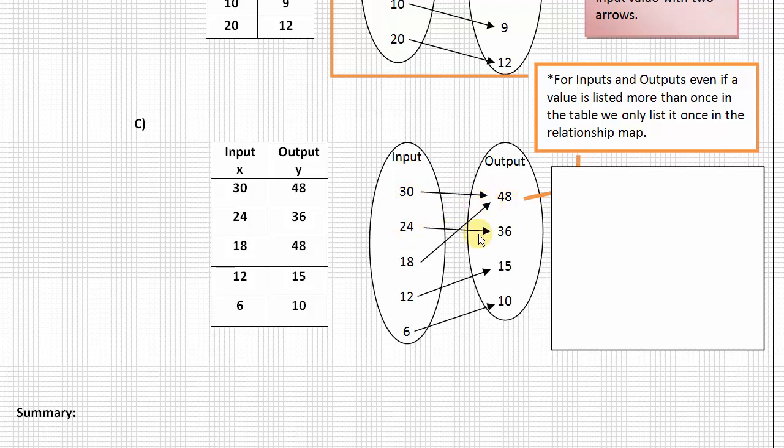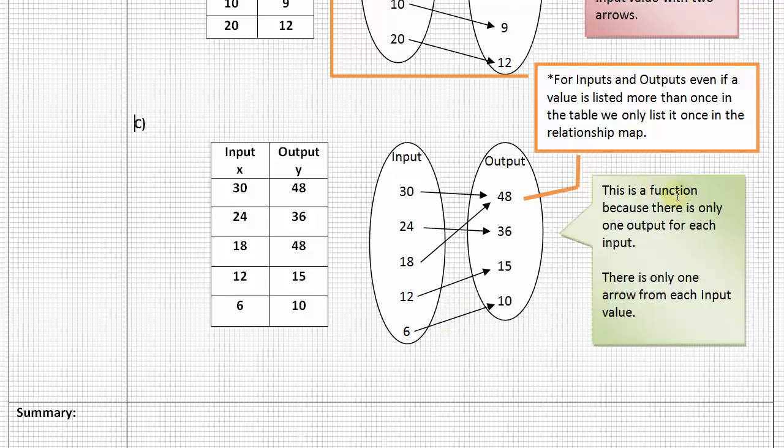If I put in 24, I'm going to get 36. If I put in 18, I'm also going to get 48, but that's still predictable. There's no way that there's an input value that gives me two different output values. So we would say that this table is a function because there's only one output for each input. The map is helpful because we see there's only one arrow from each input value.